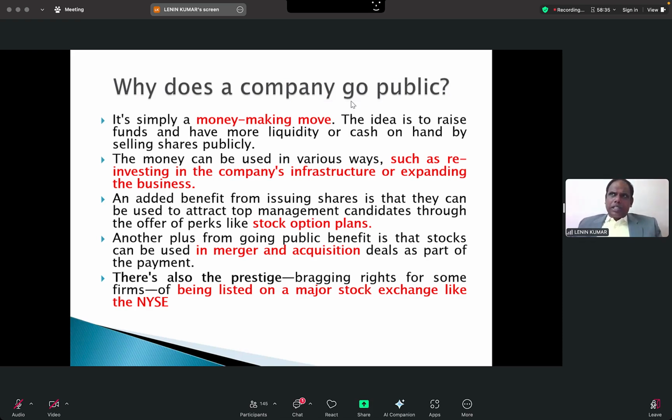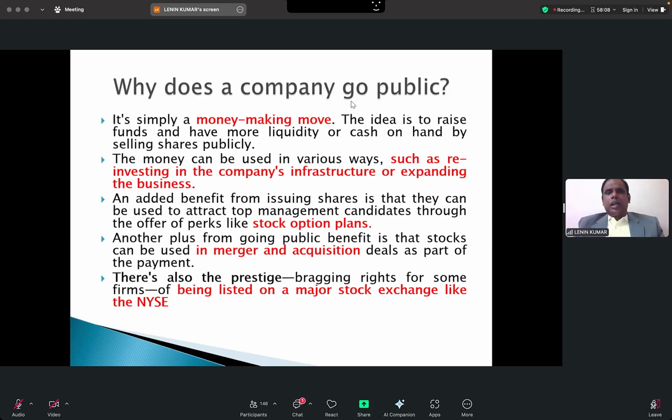They have identified a new product which they feel has good demand in the market, but they have a lack of funds, so they are planning to raise funds from the public. For that purpose, some companies may go for an IPO. So, for infrastructure development, expansion, or maybe new product development.